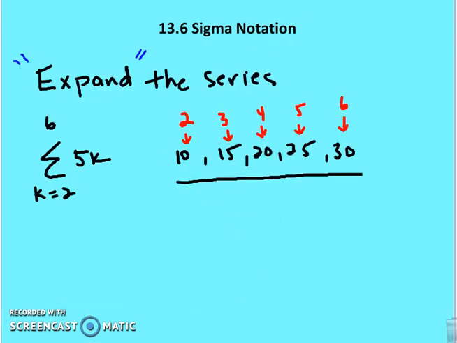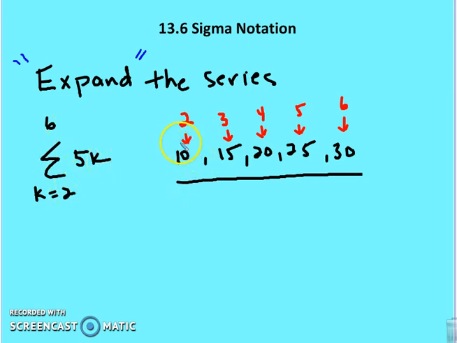All right, so other verbiage we need to review: expanding the series. When we expand the series, what I'm looking for is for you to provide me with the outputs of the terms of the sequence based on the rule, the input, the lower limit of summation, and the upper limit of summation. So it would look like, in this case, input 2, output 10.